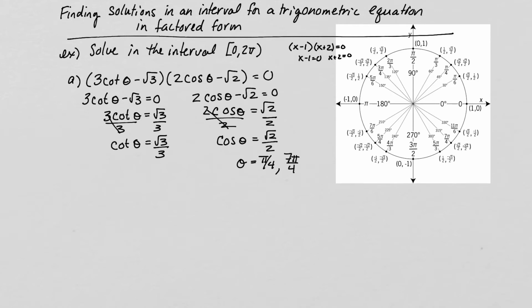On the cotangent of theta being equal to root 3 over 3, remember we would need to divide. Cotangent is x over y, so if you divided and then rationalized, you would see that those things happen at pi over 3 and also at 4 pi over 3 down here.